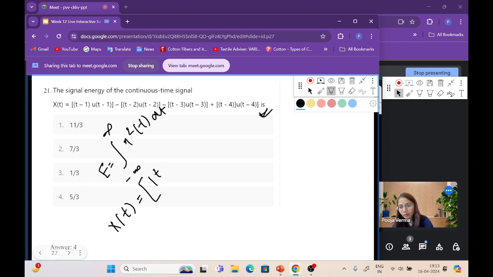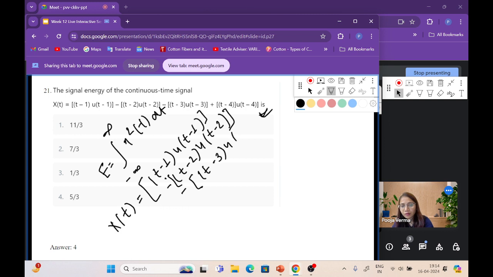And x(t) is given as, in brackets, (t minus 1) u(t minus 1) minus (t minus 2) u(t minus 2) minus, in brackets, all those things are in brackets, (t minus 3) u(t minus 3), closed, plus (t minus 4) u(t minus 4).